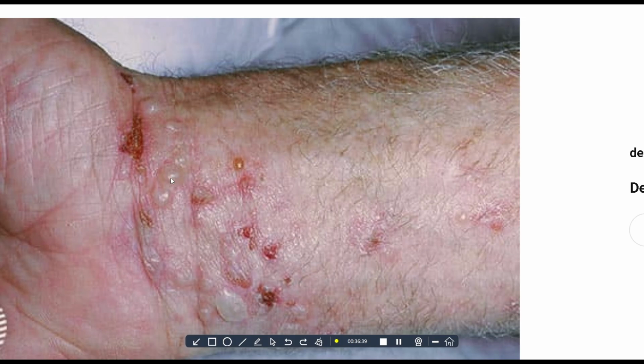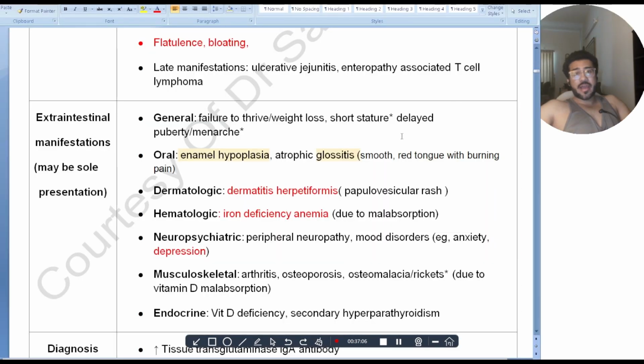These are the vesicles that are fluid filled, and these are the papules. As you can see, the papules are just a slight outpouching from the skin, and the vesicles are outpouching with a fluid filled structure. The dermatitis herpetiformis rash is really itchy and it contains vesicles and papules.